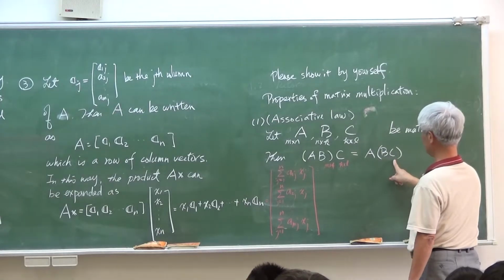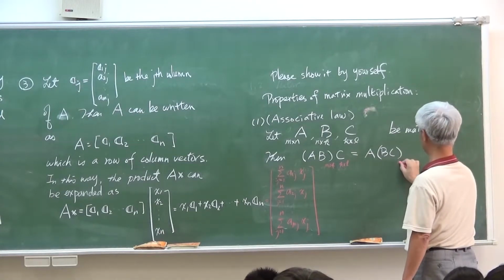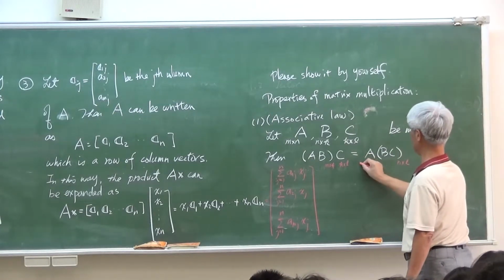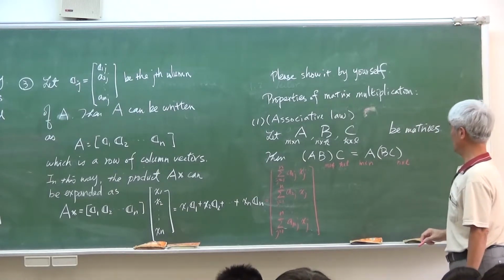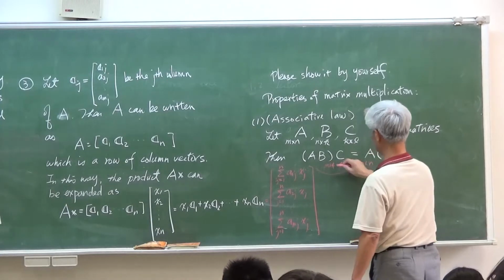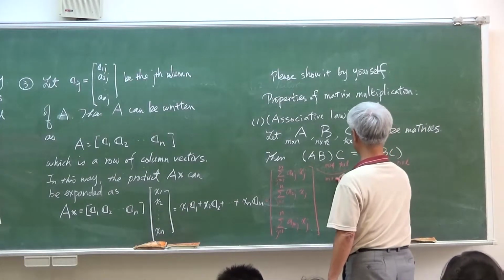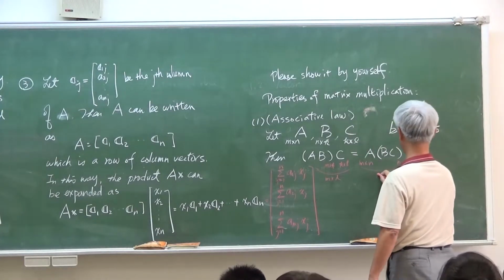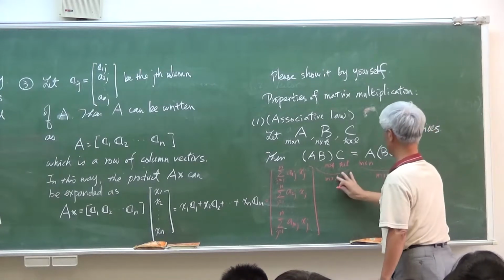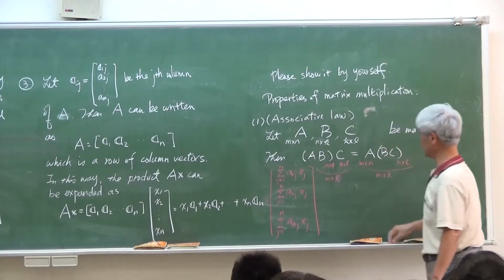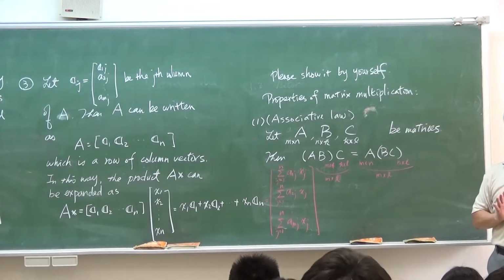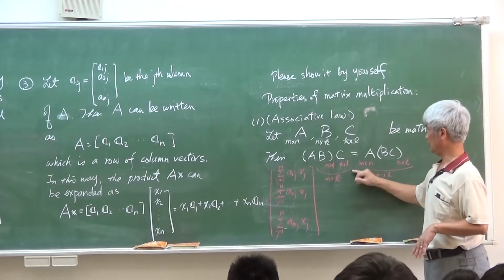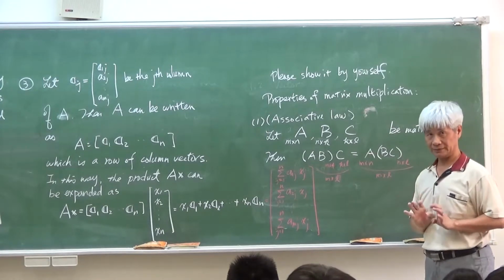But what is this? The dimension of B and C is n times L, and A is m times n. So together the dimension is m times L. So by checking the dimensions, you see that it is consistent with this identity.